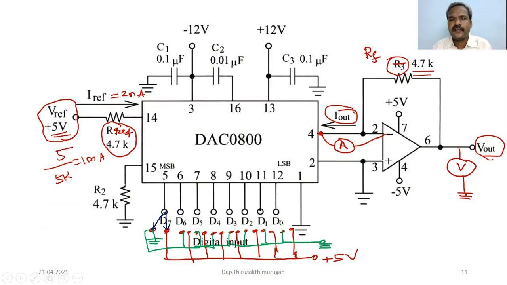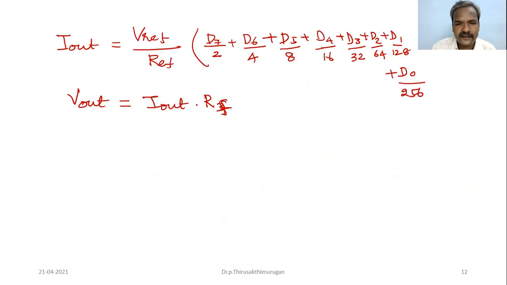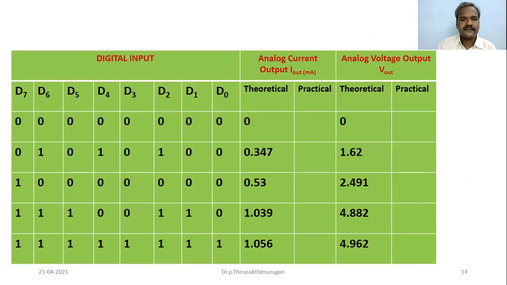Similarly, for all the digital switches, you apply either 0 or 1. D7 is the MSB. D0 is the LSB. Pin number 12 is the LSB. Understand or not?